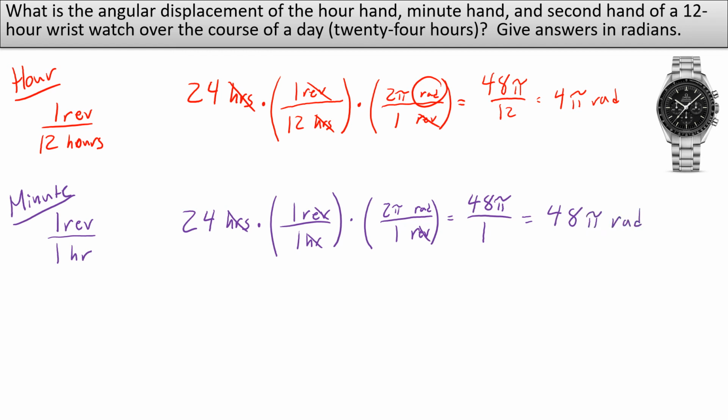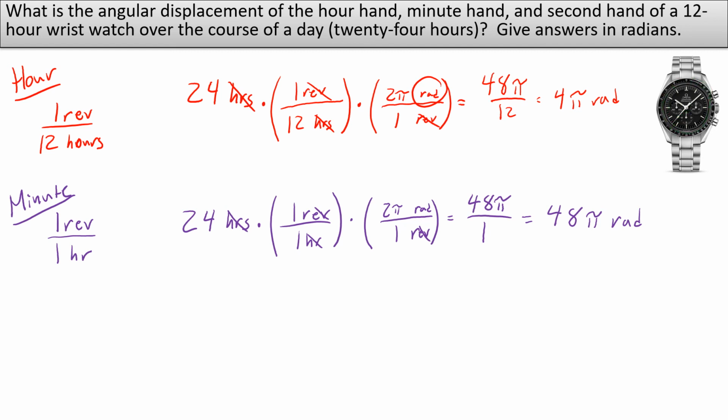Okay? See if you could do it for the second hand. First of all, how many hours is equivalent to 1 rotation of the second hand? Or you could think of it differently if you want. So pause the video. How would you define 1 complete revolution of the second hand?